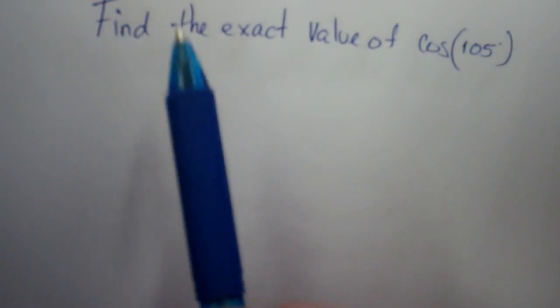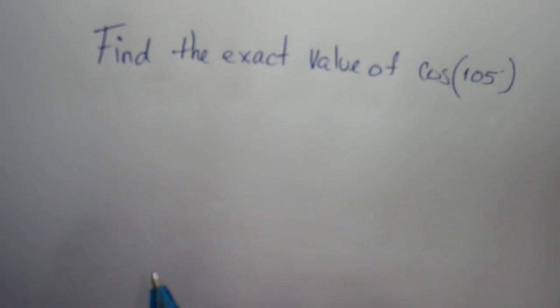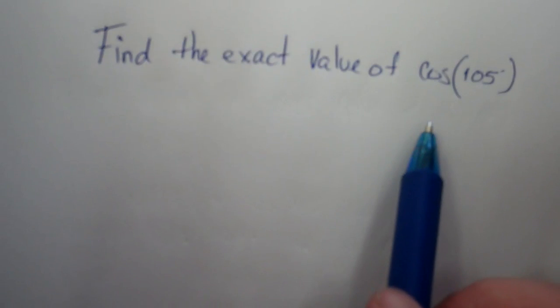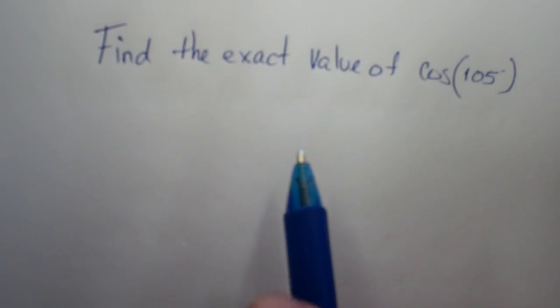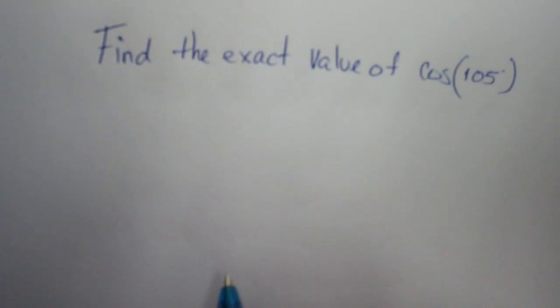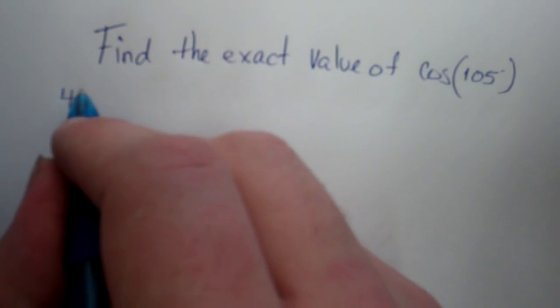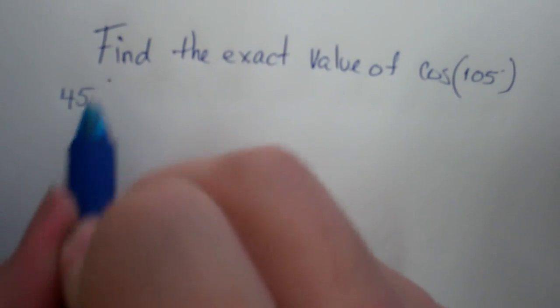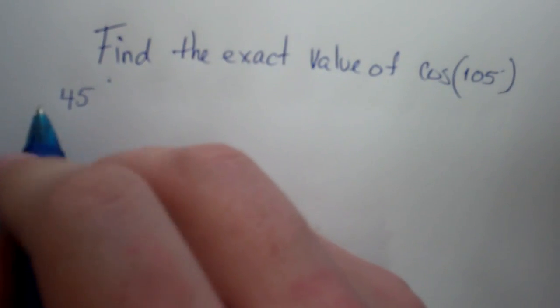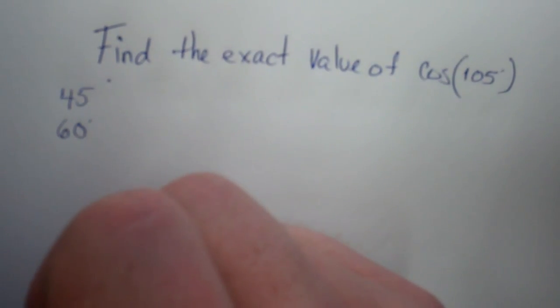This example says, find the exact value of the cosine of 105. I don't know what the exact value of the cosine of 105 is, but I do know the exact value of the cosine and the sine for 45, and I know the exact value for the cosine and the sine of 60.